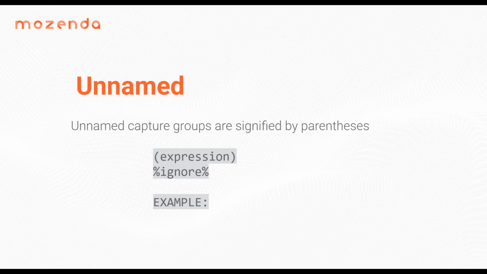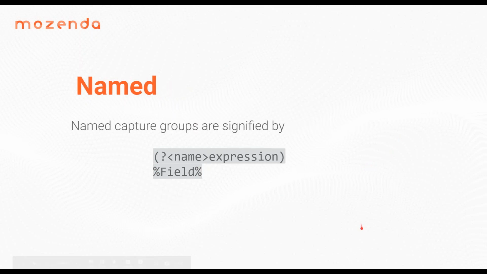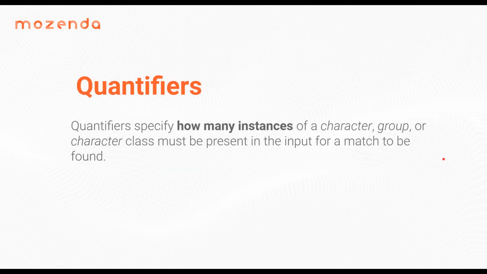Our unnamed capture groups are similar to the expression Brian just mentioned, where we have our ignore expression. We'll go over some more examples a little later. This is an example of our named expression. This is the regular expression, how you would write it, and that's pretty much what it gets transformed into as a field name. Okay, we'll definitely show that in the builder in a little bit.